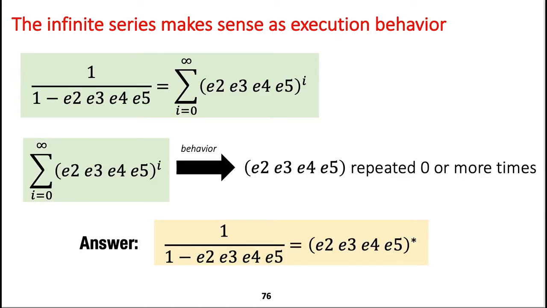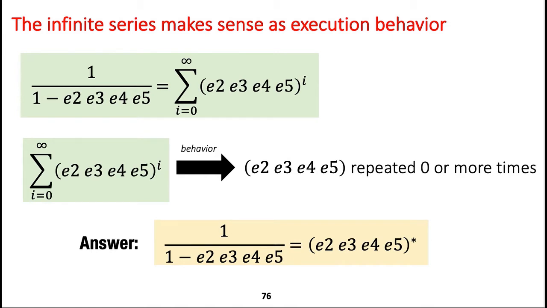This infinite series makes sense as execution behavior. So we had 1 over 1 minus e2, e3, e4, e5. That becomes the infinite series, and the infinite series can be interpreted as behavior e2, e3, e4, e5 repeated 0 or more times.